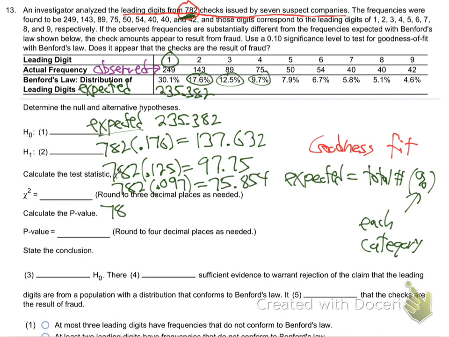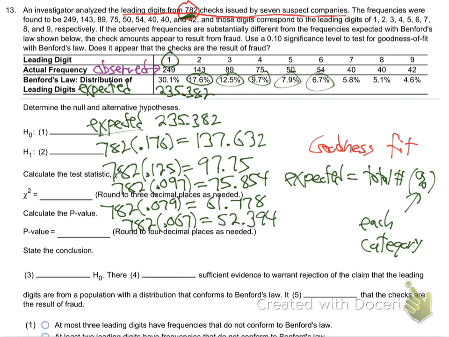Next one's 782 times 0.079. I got 61.778. Next one, 782 times 0.067. I got 52.394. Next one, 782 times 0.058.